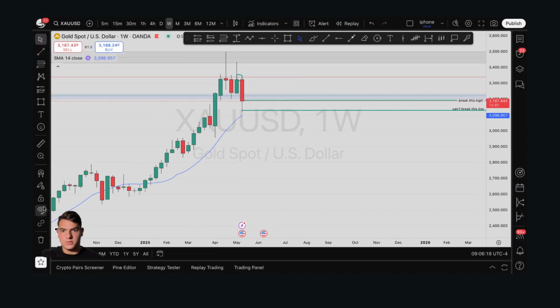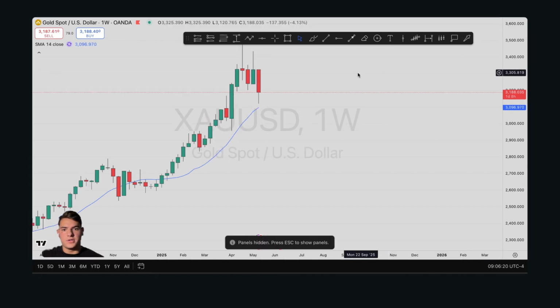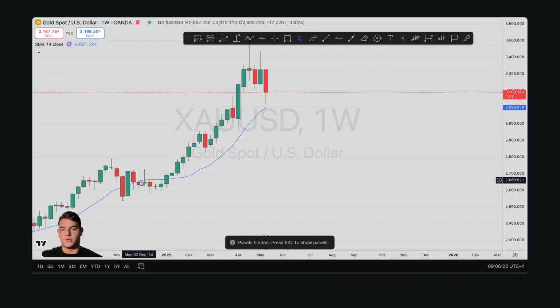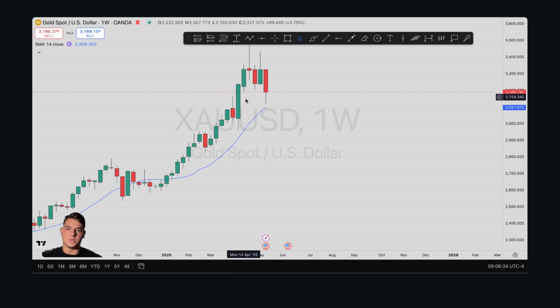Let me clear this off. Weekly time frame, we start breaking down each time frame from high to low. On the weekly, we have a moving average coming here underneath, which means if we're above the moving average, we're going bullish. If we are below the moving average, we're going bearish.